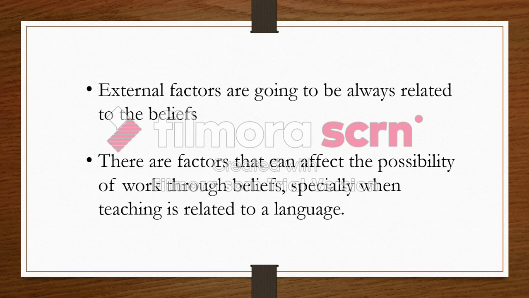But they need to build with their beliefs, analyzing all the situations, the environment, the students, and themselves, to create the perfect way to teach English or to teach a different language. And that's all.